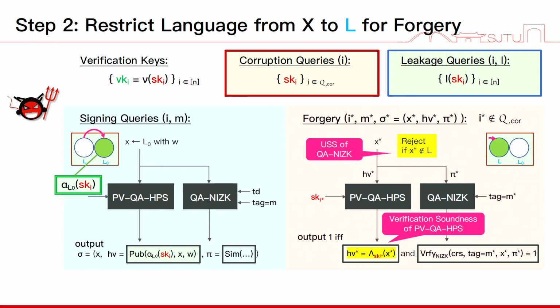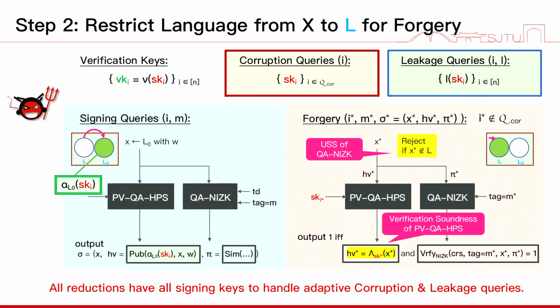Then we will directly check the correctness of the hash value by using the secret key instead of using the public verification algorithm of PVQA-HPS. And this is also indistinguishable by the verification soundness of PVQA-HPS, because the adversary is hard to output an incorrect hash value but pass the verification.